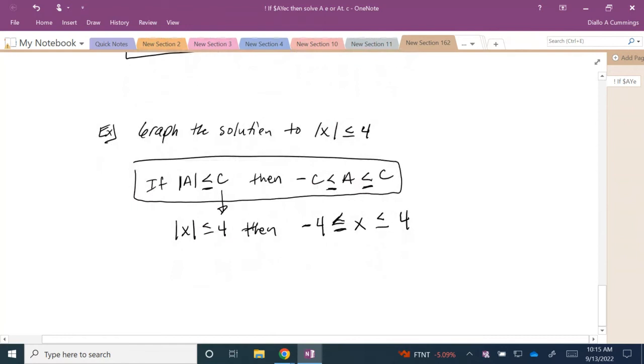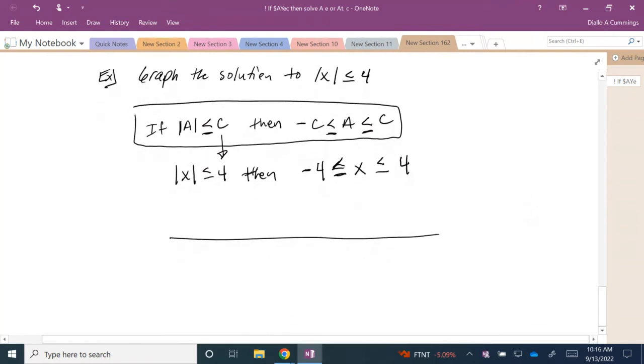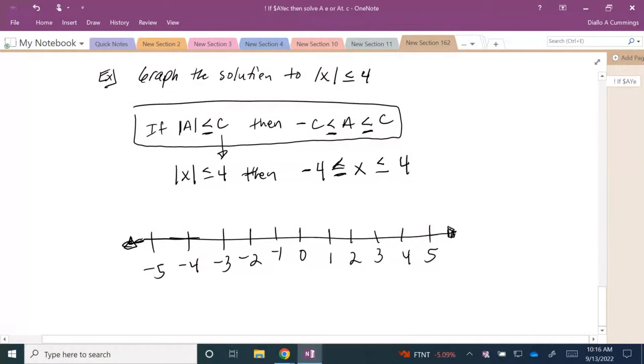So this is now negative 4 is less than or equal to x is less than or equal to 4. And we simply want to graph it. So that's 0, 1, 2, 3, 4, 5, negative 1, negative 2, negative 5. I'm going to draw my arrowheads to allude to the fact that this graph keeps on going.